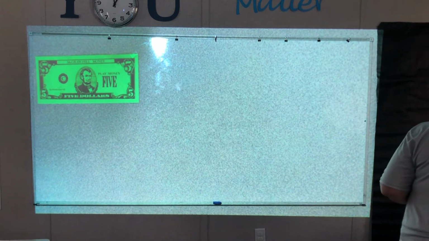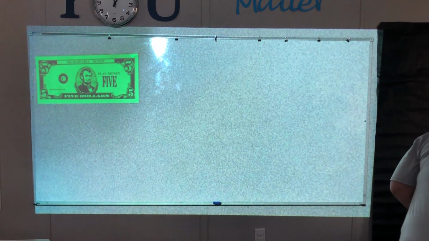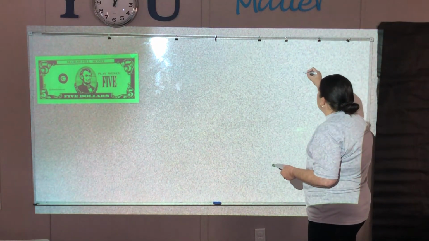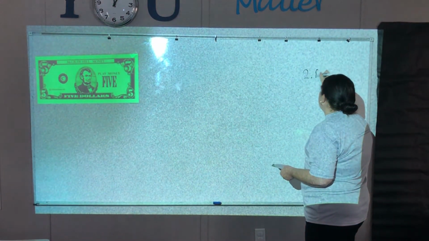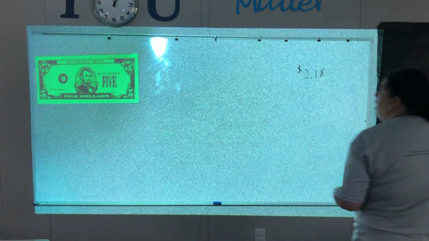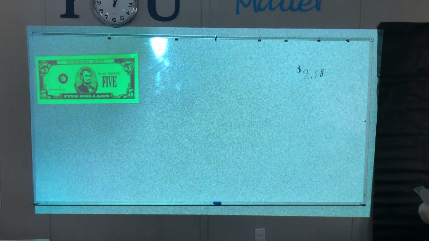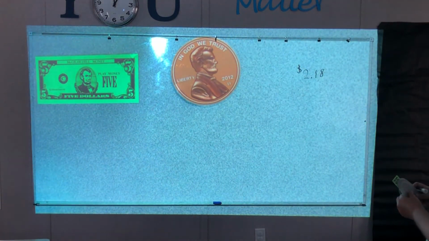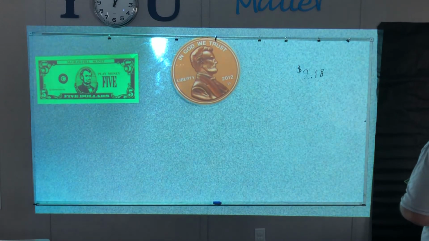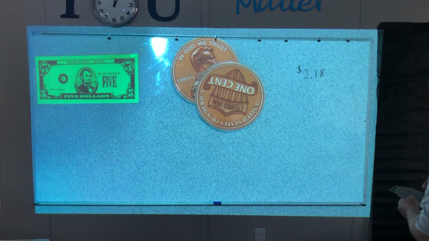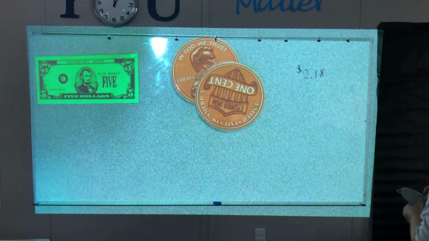Let me write this on the board so you can see it. $2.18. And we start with a penny, so we have 1 penny. That would make it $2.19. $2.20, right? Now we're at $2.20.